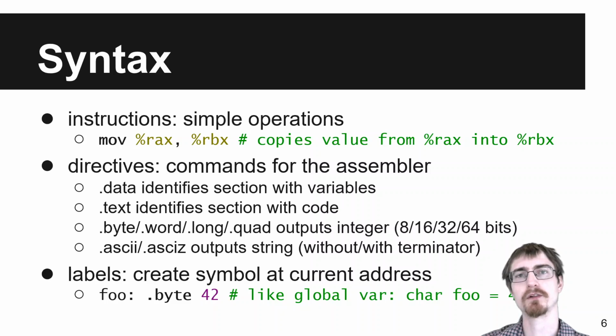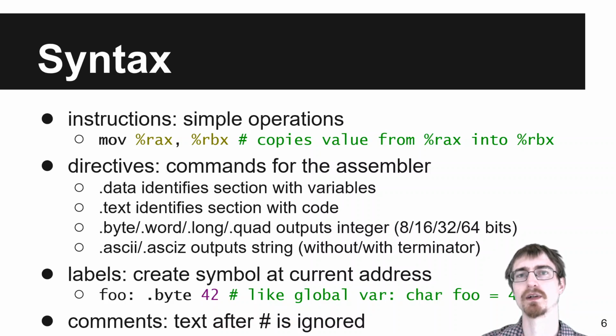Now, because we created the label foo, the assembler is going to remember where this byte was added. Later, if we use the label foo, we're referring to the address where this byte was stored. So this works exactly like a global variable in C: char foo = 42. So if we use in C the name foo, we also refer to the memory location defined by the label.